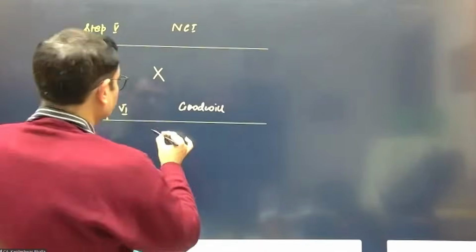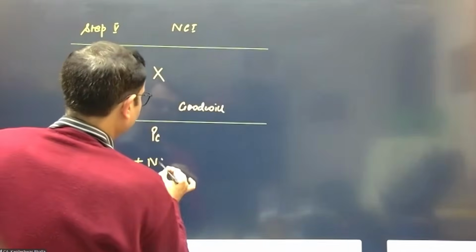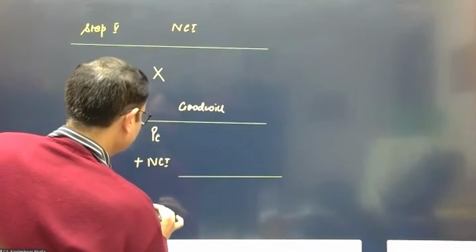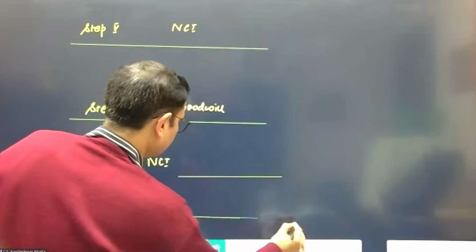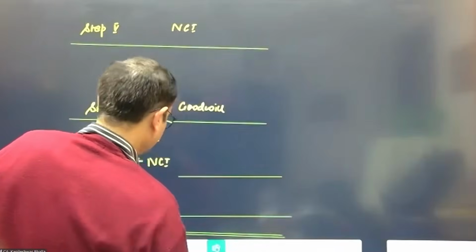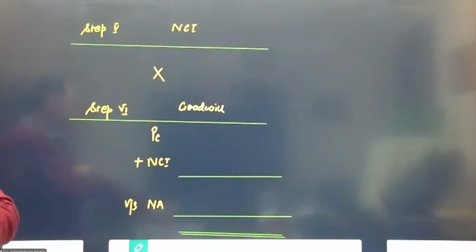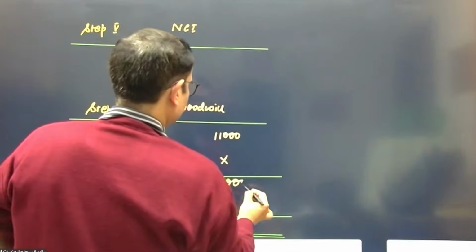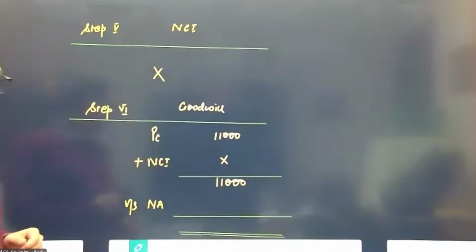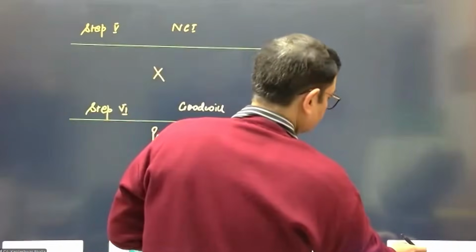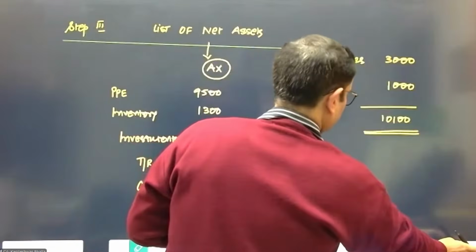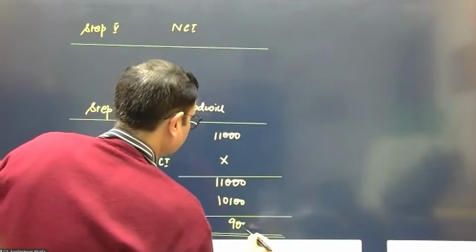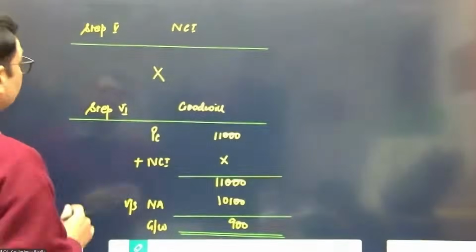We take the purchase consideration, to which we add the NCI, and compare this with the net assets, and we'll get the goodwill or the capital reserve as the case may be. So the purchase consideration is 11,000. There is no NCI. And what was the net assets? 10,100. Yes, that's 10,100. So we get a difference of 900 that is supposed to be goodwill.